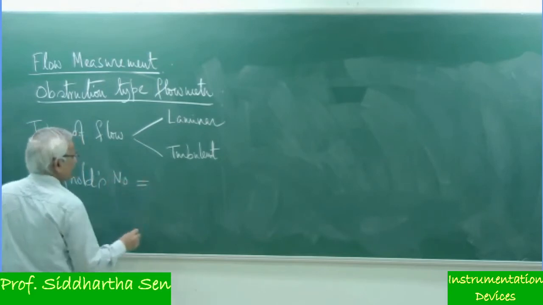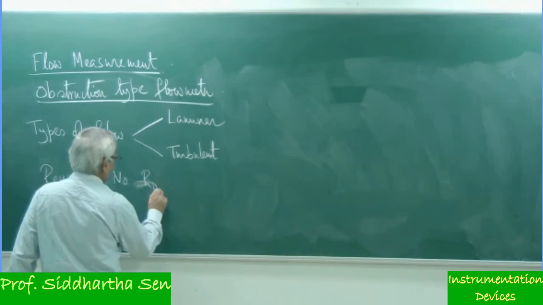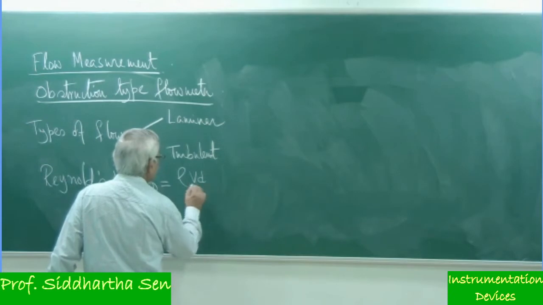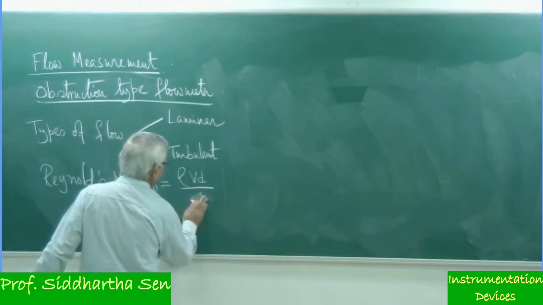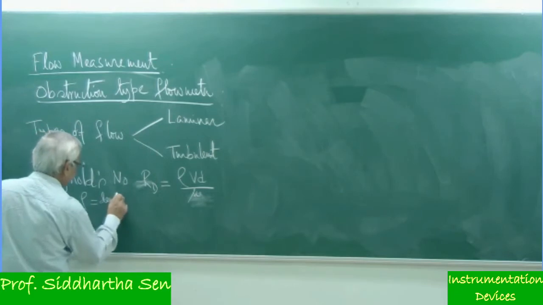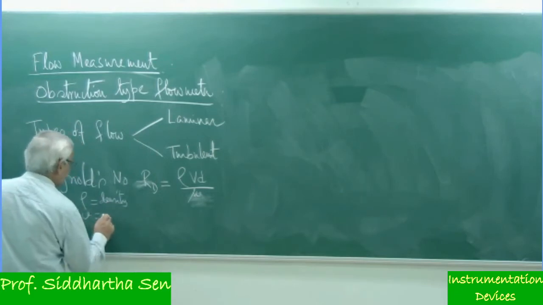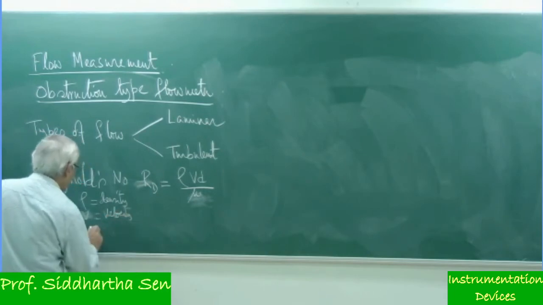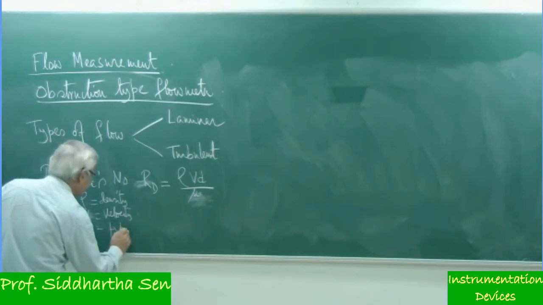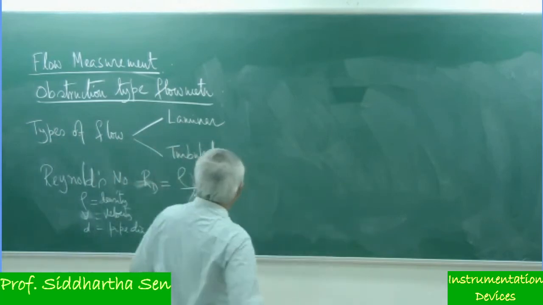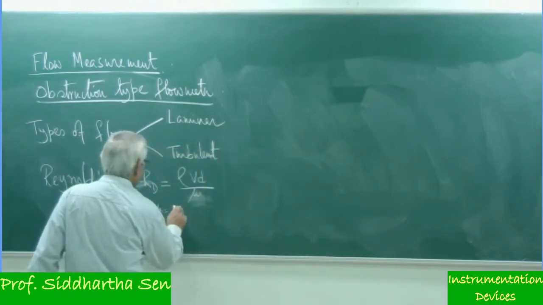It is known as R_D = ρVD/μ, where ρ is the density, V is the velocity, D is the pipe diameter, I am just considering a flow through a pipeline, and μ is the viscosity.